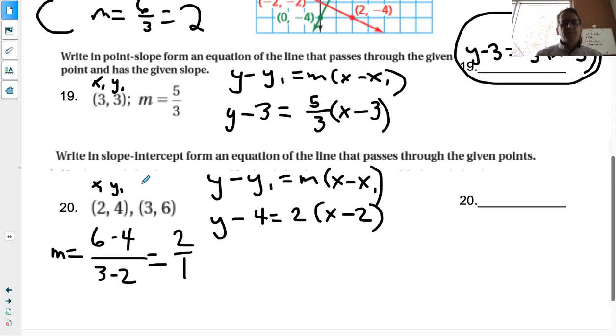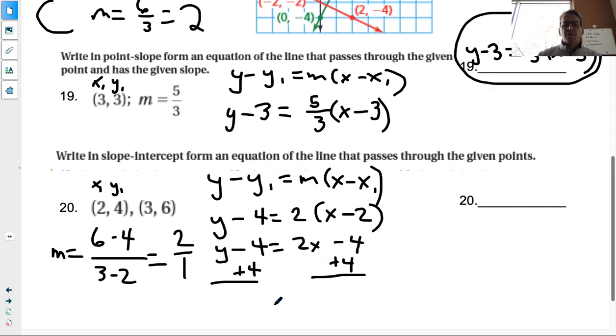Okay, now we're going to switch over to slope intercept form by using our distributive property first. Y minus 4 is equal to 2x minus 4. Then we're going to add 4 to both sides. For our final answer, y is equal to 2x.